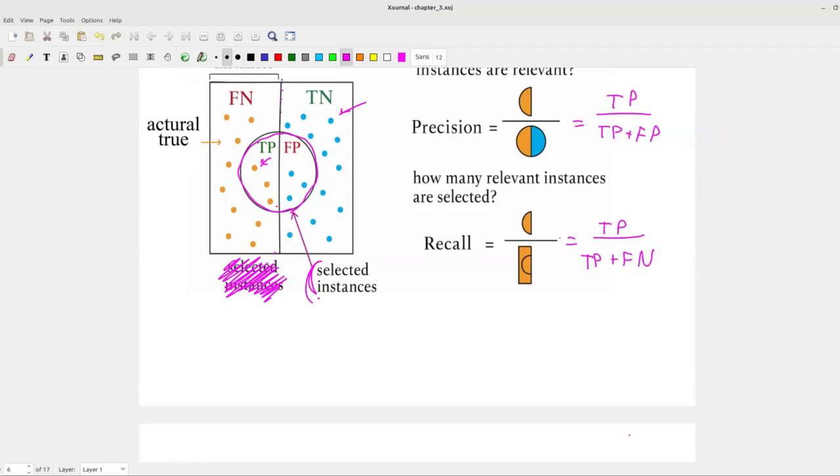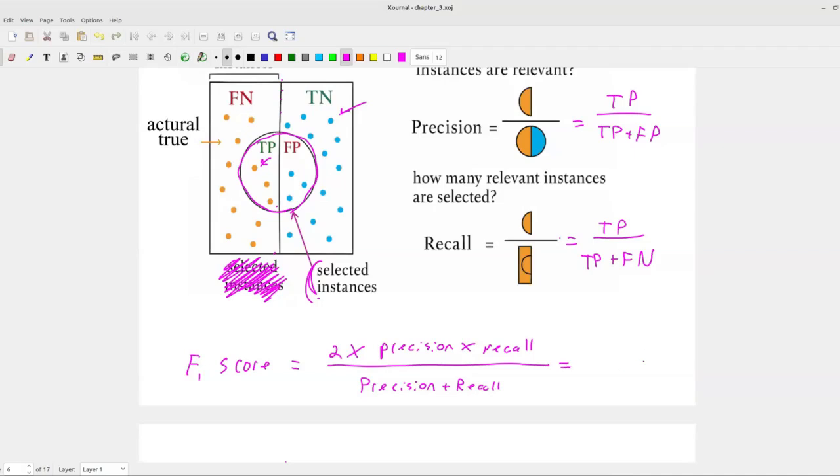So we like to simplify things down even more in machine learning, and that's to just give you an F1 score, which is just equal to 2 times precision times recall over precision plus recall, which is equal to, if you cancel out a few terms, true positive over TP plus false negative plus false positive over 2. And that's going to be your F1 score.